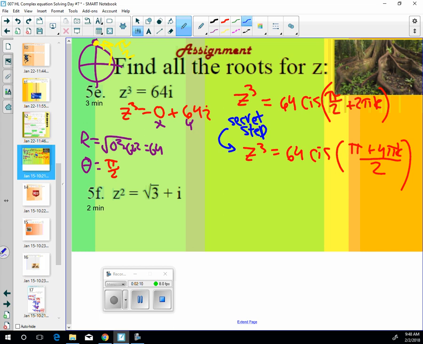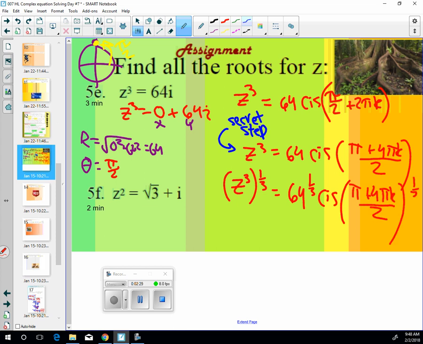Okay, so let's do it. I want to get rid of this cube, so I'm going to take z cubed to the 1/3, which is also going to be 64 to the 1/3, cis of (pi plus 4 pi k) over 2, to the 1/3.